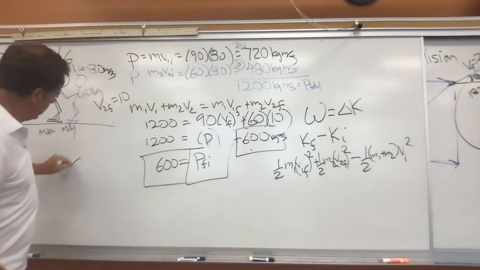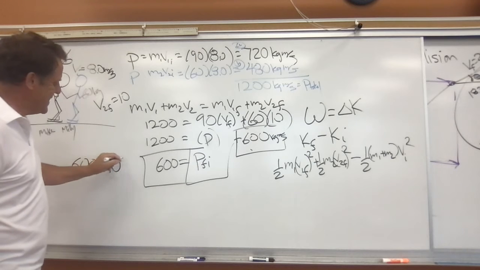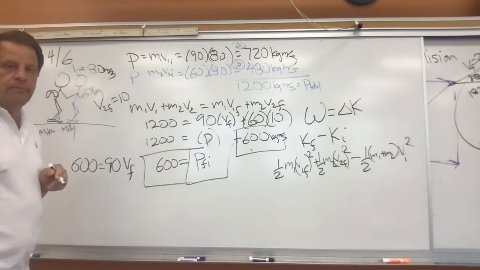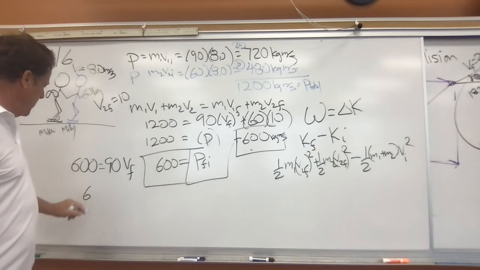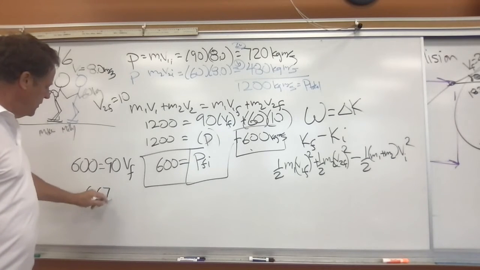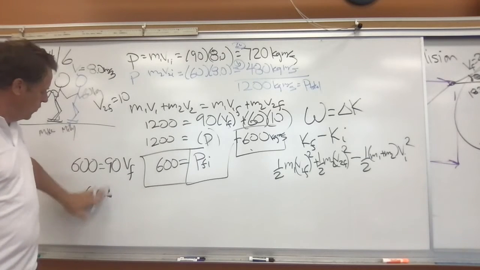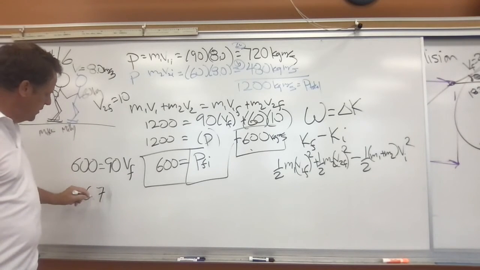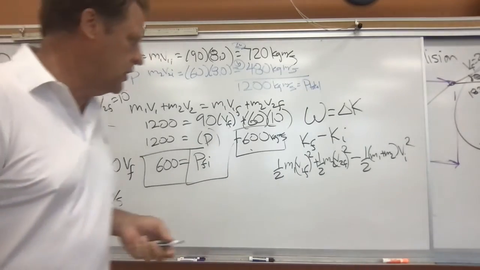So we know that 600 is equal to 90 times v final. 600 divided by 90 is 6.666. We could call that 6.7 meters per second, rounding to the correct number of significant digits.